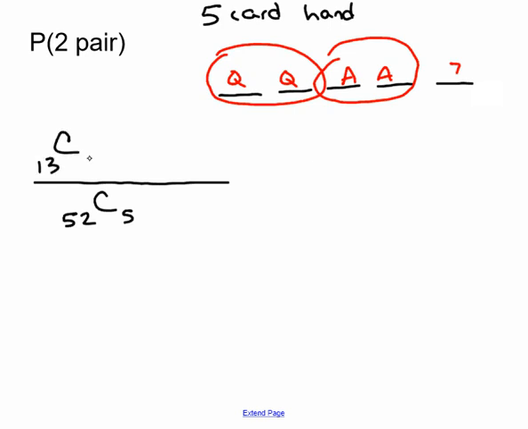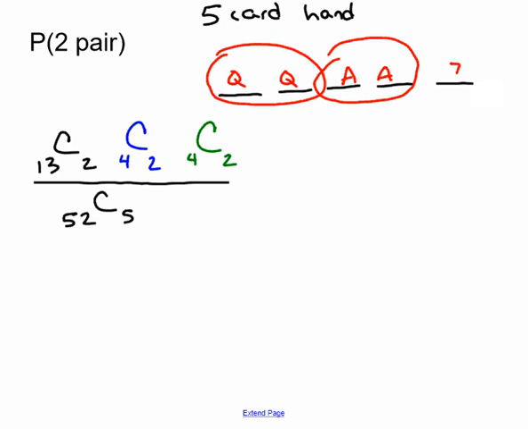And we're going to choose two of them to be a part of our two pair. Okay, so that's the first thing we did. Now, once we choose, maybe say queens, understand that there are four queens to choose from, and we're going to choose two of those. And there's also four aces to choose from, and we're going to choose two of those.